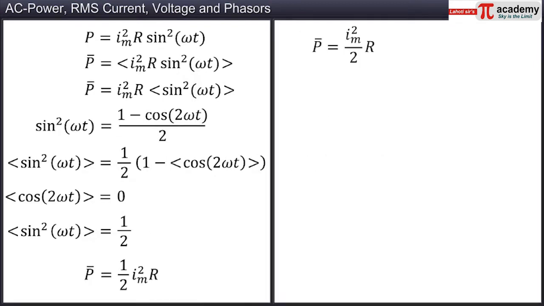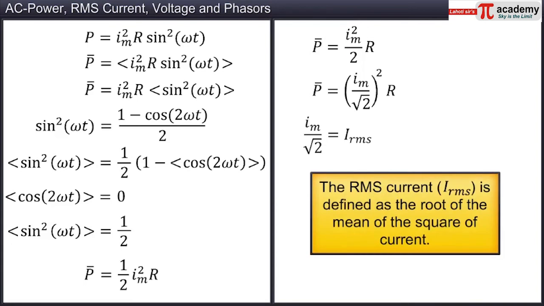If we define a new value of current to be associated with AC, that is, Im by root 2, we can get the expression of power dissipated from a resistor in AC current in the same way as in DC current, that is, I square R. This new value of the current is called root mean square, in short, RMS current, denoted by IRMS, or effective current.